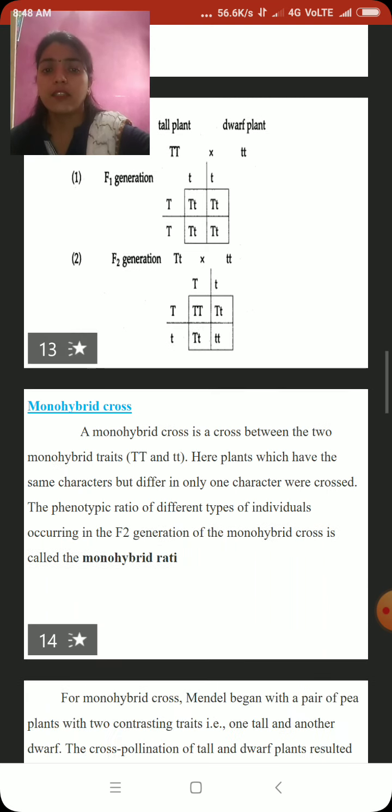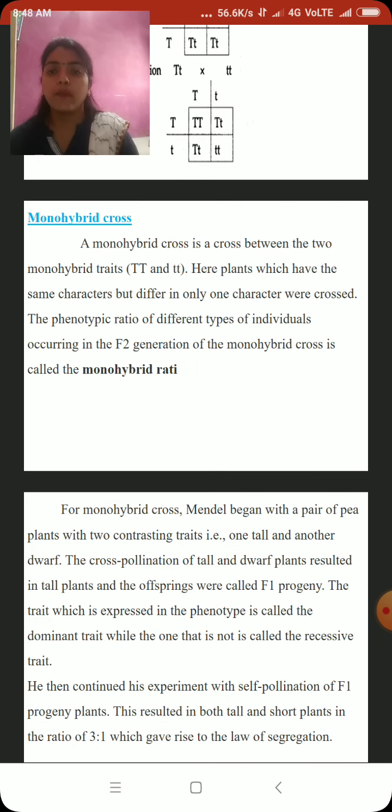Next is the monohybrid cross. A monohybrid cross is a cross between two contrasting traits of a single character, that is capital T and small t.